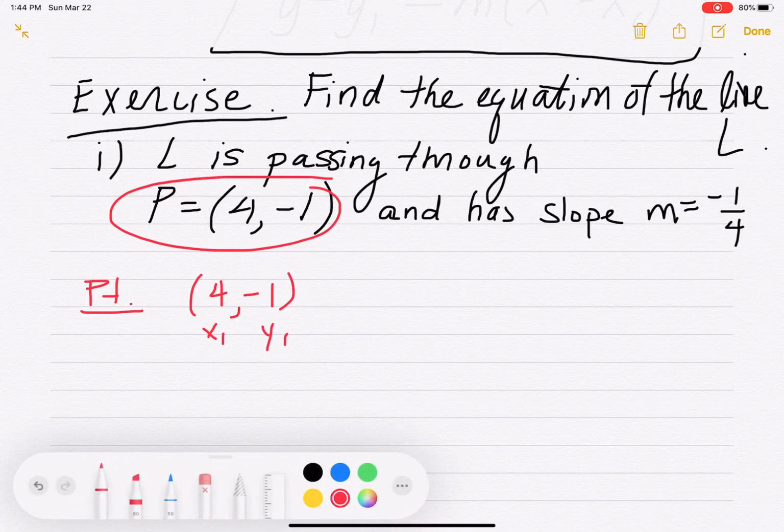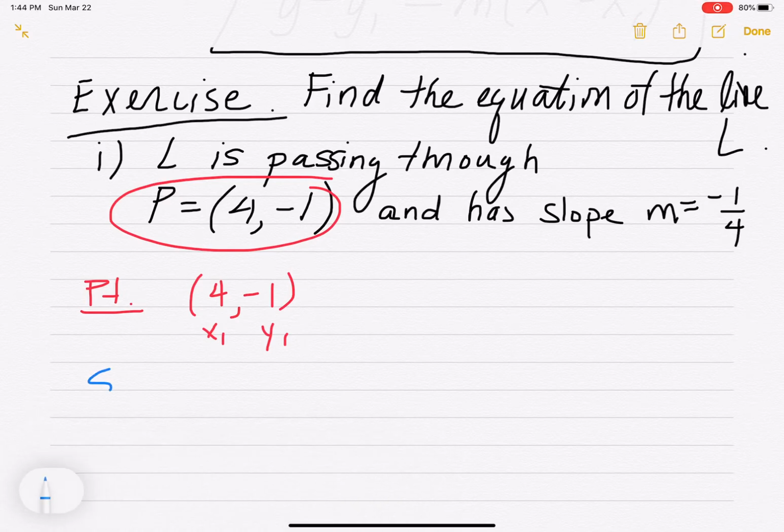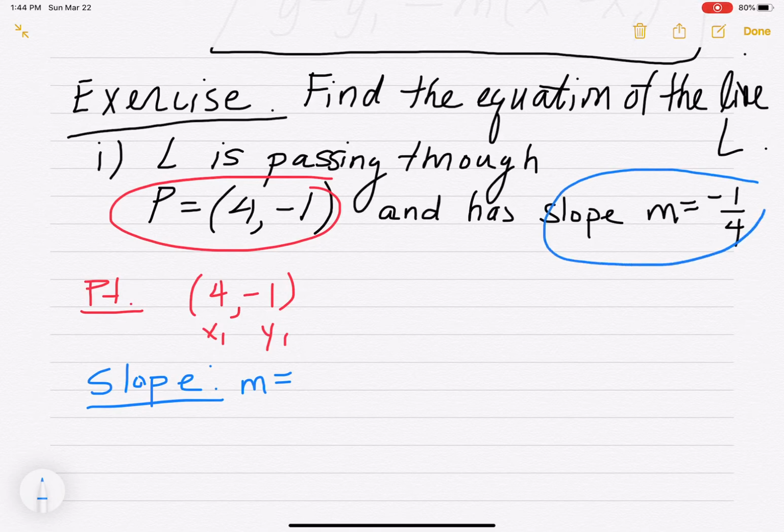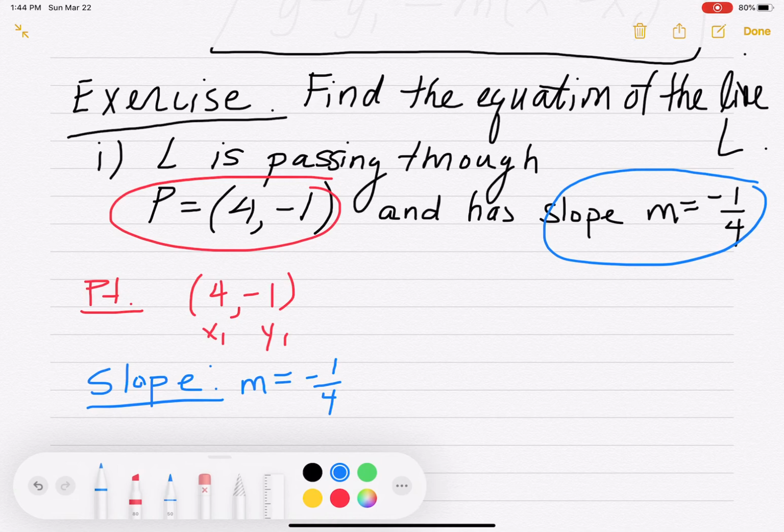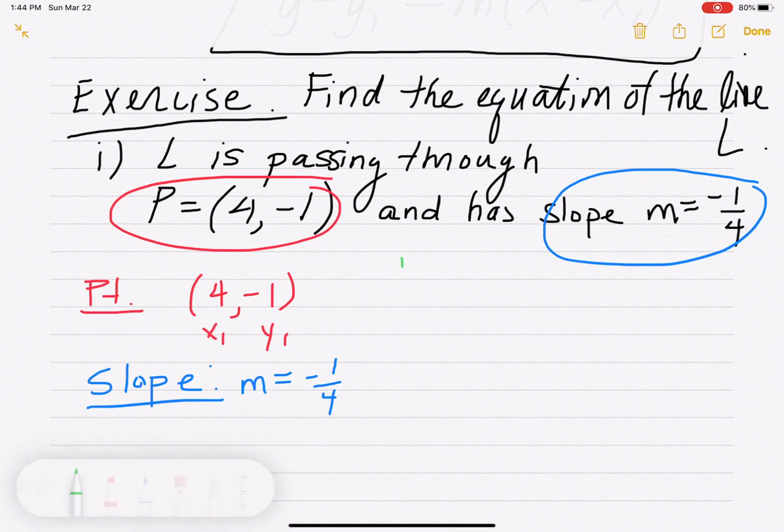Secondarily, you need a slope, which is m equals -1/4. After that, you're going to use point-slope form. A point and a slope, you use point-slope form to find the equation.